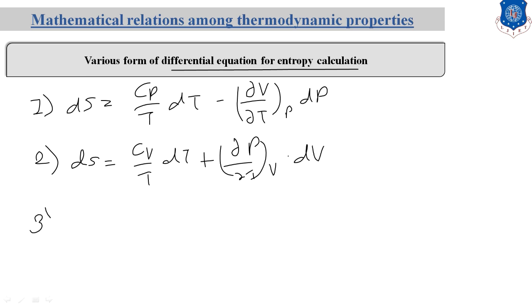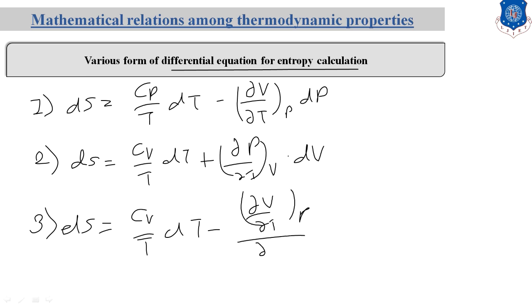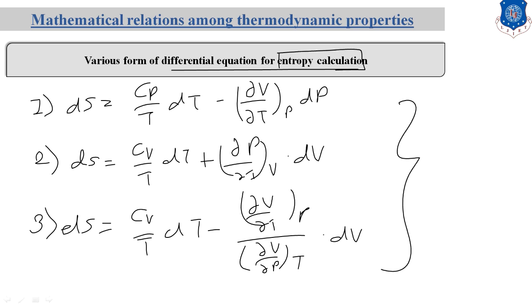And the third equation is dS = Cv/T dT - (∂V/∂T) at constant pressure upon (∂V/∂P) at constant temperature dV. So these are all three differential equations for entropy calculation.